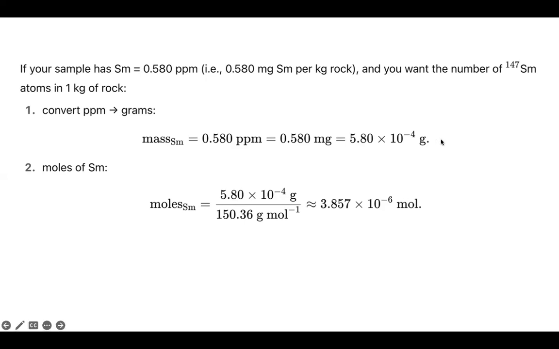Okay, anyway, once you have this ppm amount in grams, how can you find out the moles of samarium? Because isotopic abundance is calculated based on the mole amount, not just the ppm amount. So you can't simply consider the ppm amount and the isotopic abundance to find out the amount of each isotope.